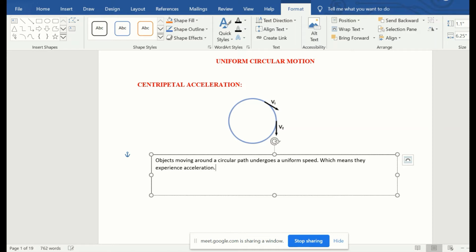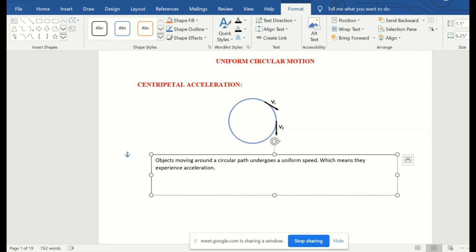So they experience what we call an acceleration. Now, because the object is moving in a circle, the object is moving at a constant rate. So it experiences what we call a uniform acceleration.